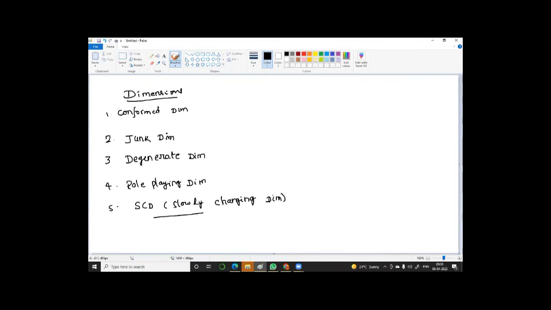This concept we will see, I think mostly tomorrow. But the conformed dimension is used in the dimensional modeling relation between facts and dimensions we have seen. A conformed dimension is the same when it is referred from various facts.